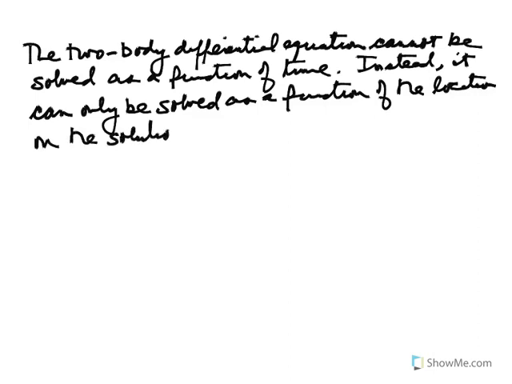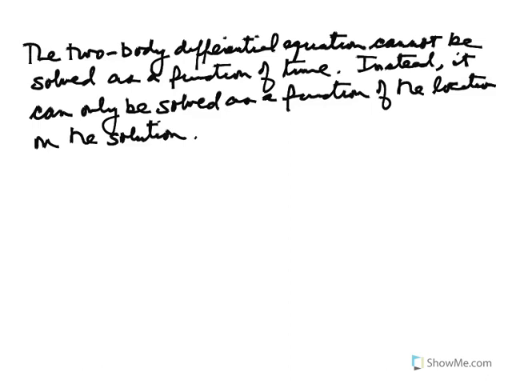That seems kind of a strange thing to say, but what it means is that the location is going to be parameterized ultimately in terms of an angle. We can figure out what the radius is as a function of that angle, but we cannot figure out what that radius is as a function of time.